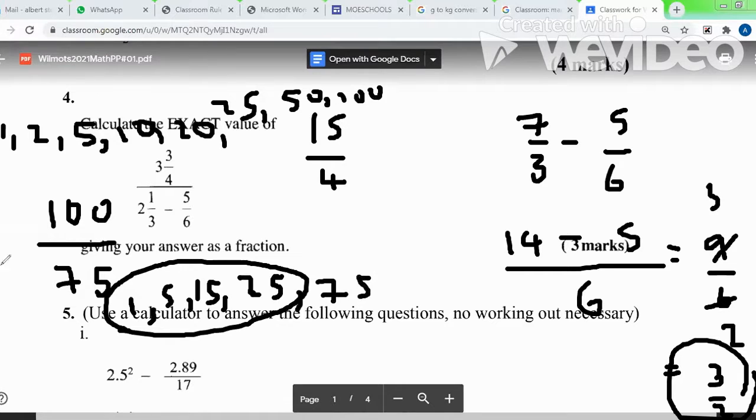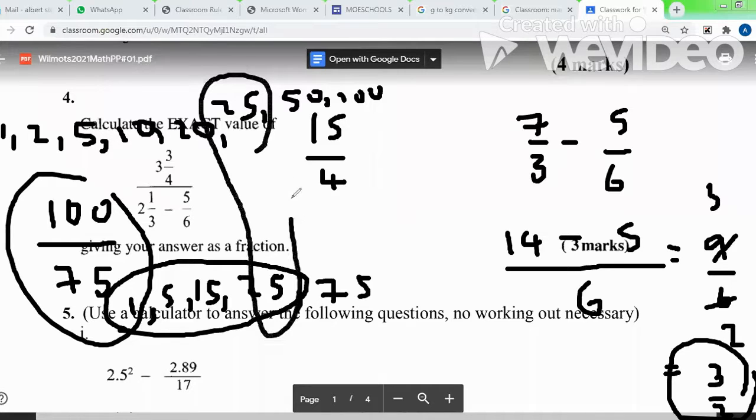Alright, so here we go now. If I want to cancel this, what do I look for? The highest common factor. Highest common factor, that's the word now. So the highest common factor there is 25.